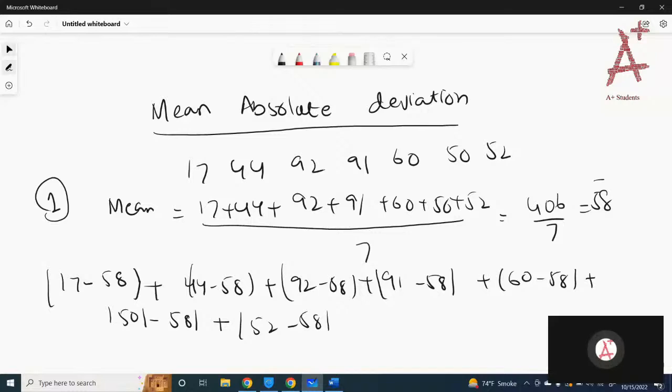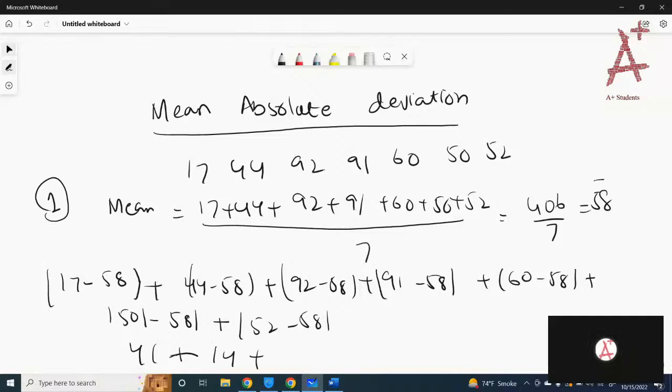17 minus 58 is negative 41, but you have to calculate the absolute value, so it would be positive 41. Got it? 44 minus 58, again negative 14, but you have to calculate the absolute value, so it would be 14.